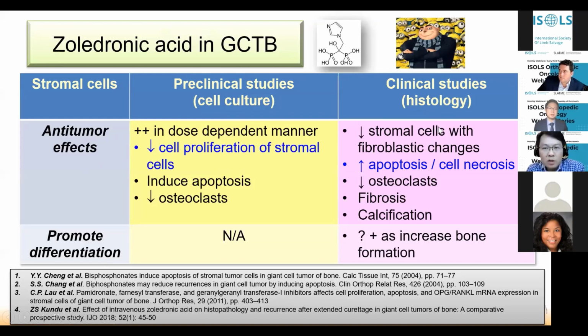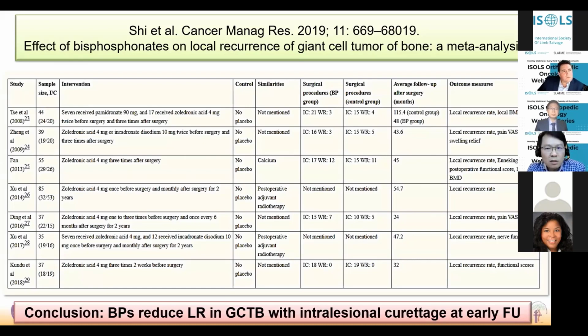In the actual clinical study, you can also show a similar effect in cell culture: cell necrosis and inhibition of osteoclastic activities. There is some increase in bone formation, so there is a postulation that these drugs can promote differentiation of the stromal cells. There is also one meta-analysis that included a few case-control studies. They found that at early follow-up, bisphosphonate can reduce local recurrence in GCTB with intralesional curettage.